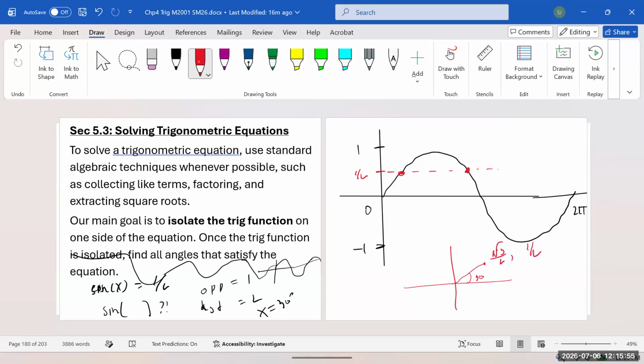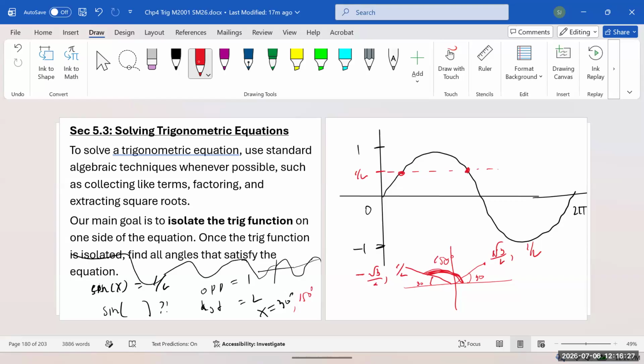Which other quadrant has y 1/2? Quadrant 2 here. It's -√3/2 and positive 1/2. So if this is 30 degrees, we know, then how much is the big one? 150. So we actually have two solutions, 30 degrees and 150 in one cycle.